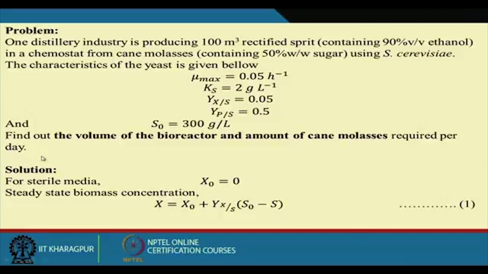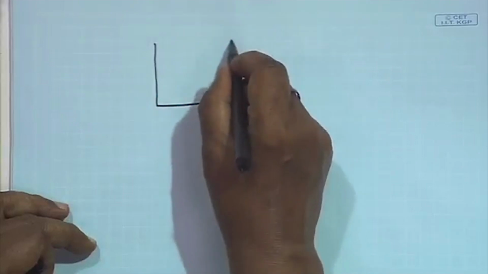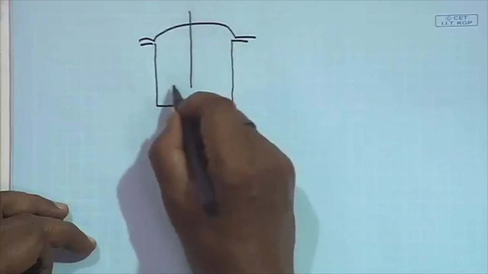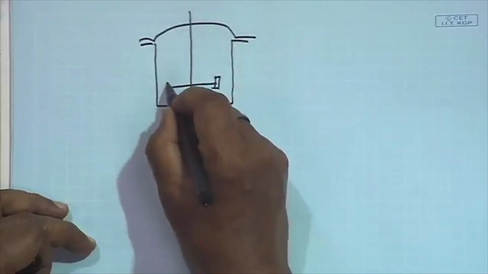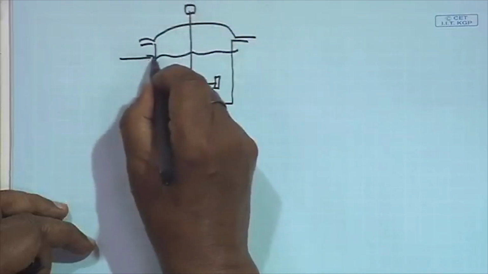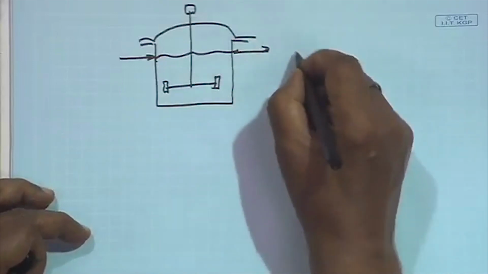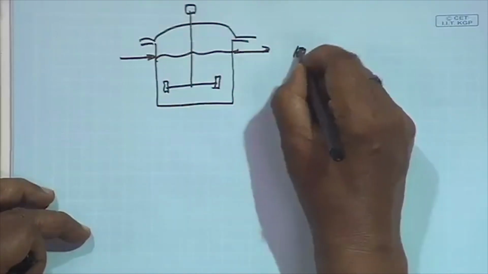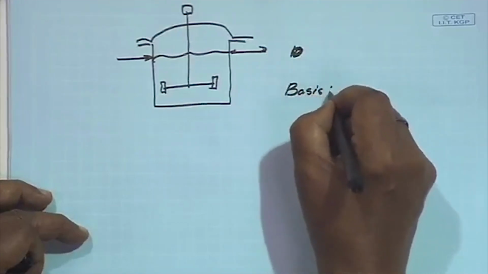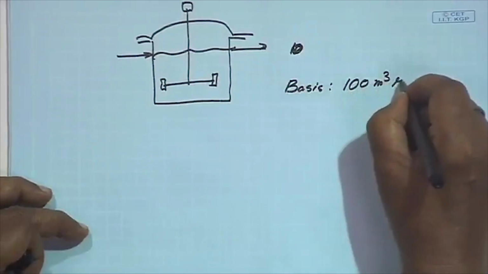So I can schematically write this process like this. It is like this. So we shall have to produce that. Here we are targeting a basis, because everything is based on what? The basis is 100 cubic meter of rectified spirit.